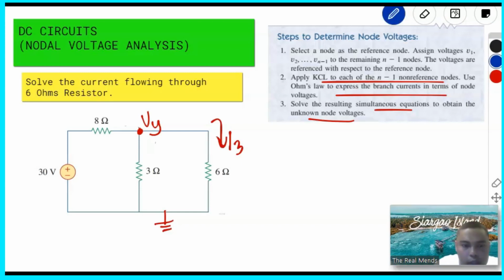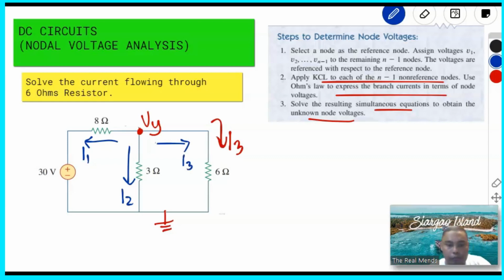So from the left side, it's I1. Current downward, that is I2. And then from here, that is current I3. Okay, so the 3 currents are leaving. Here is our solution.